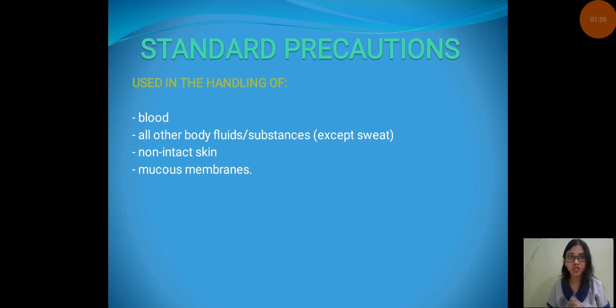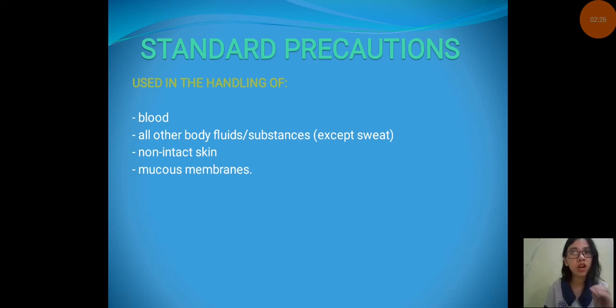Standard precautions are the work practices required to achieve a basic level of infection prevention and control. So the use of standard precautions aims to minimize and, where possible, eliminate the risk of transmission of infection, particularly those caused by blood-borne viruses.